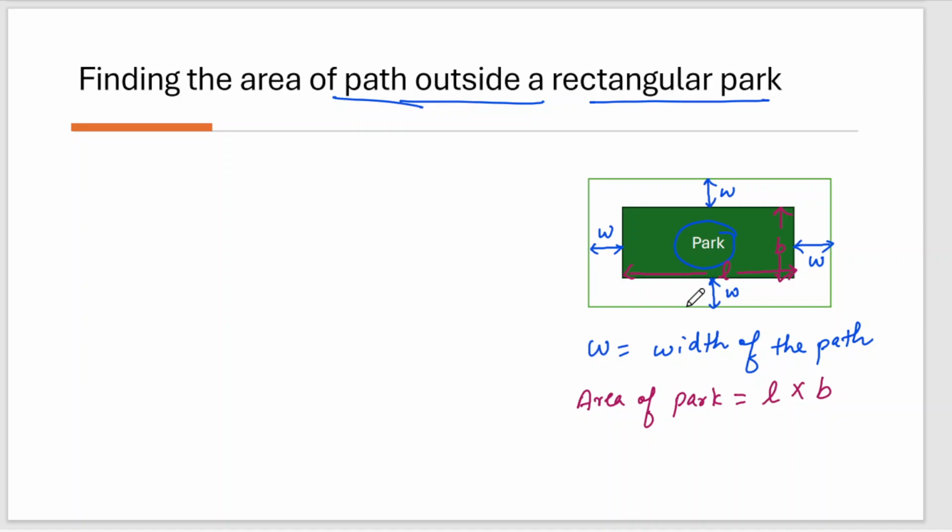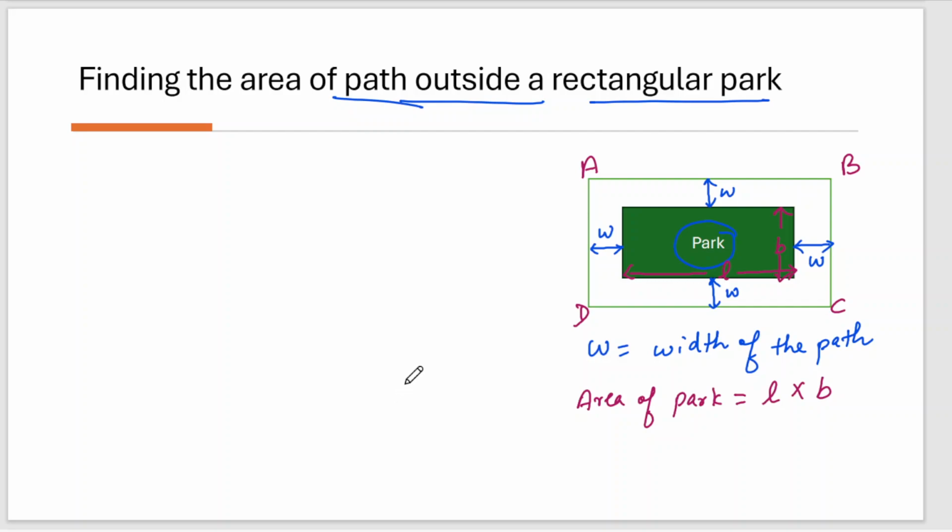Now can you look outside the rectangular park? You can see we have got another rectangle. So let me name this rectangle A, B, C, D. So ABCD is also a rectangle, and for finding the area of rectangle ABCD, we need the value of length and the breadth.